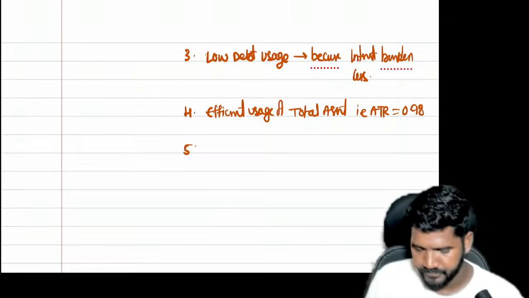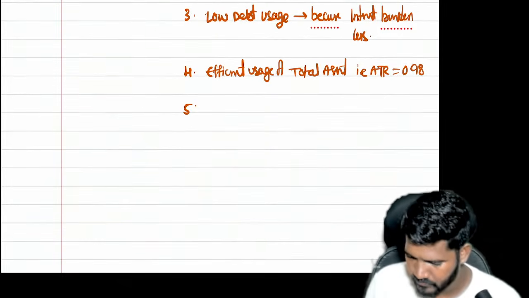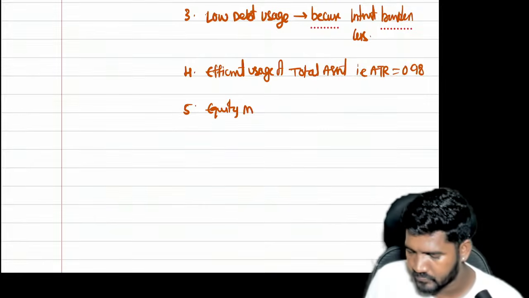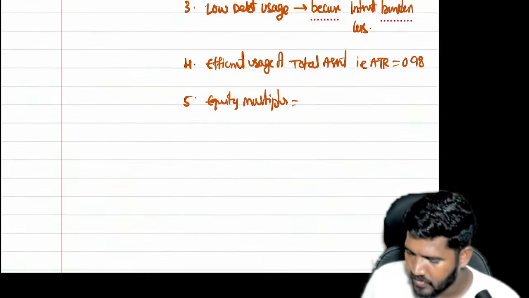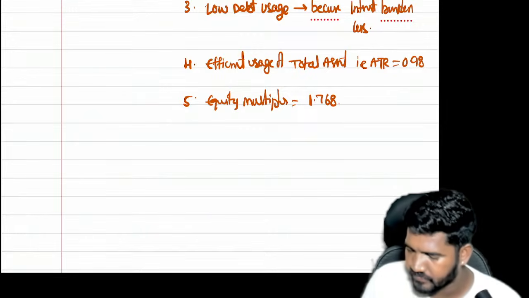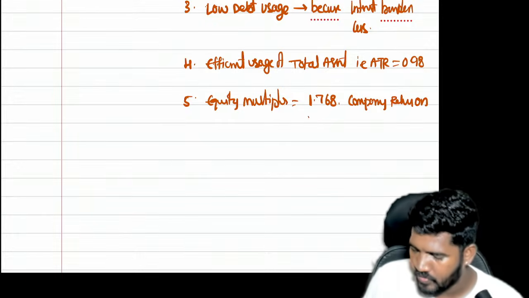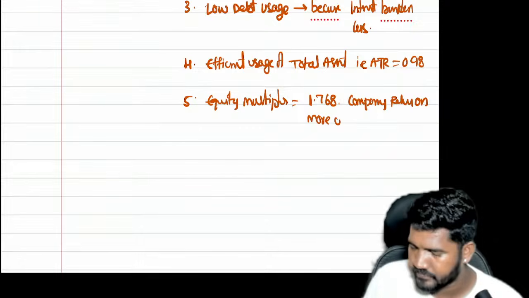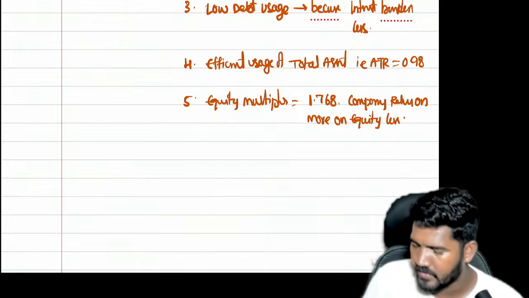Fifth point, equity multiplier. What's the answer for equity multiplier? 1.768. The company relies more on equity, less on debt.